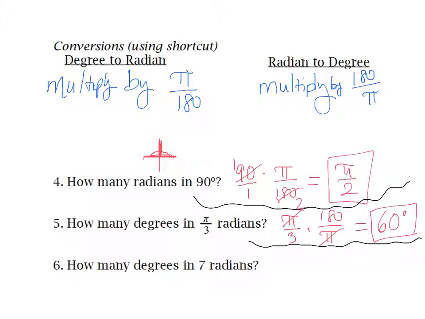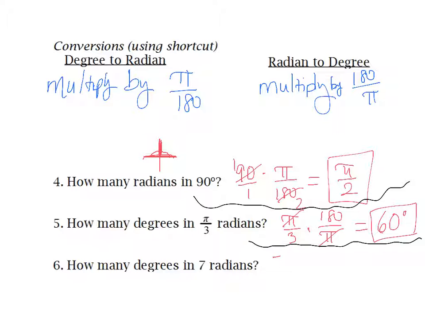One more. This one, I'm trying to do some different things. This is in radians also, 7 radians, but it doesn't have pi in it. Remember, that must mean that it got rounded off at some point. So that's a little trickier to see that I want my pi to cancel because it doesn't really have a pi. Same idea though.